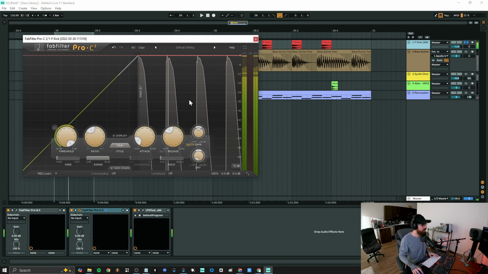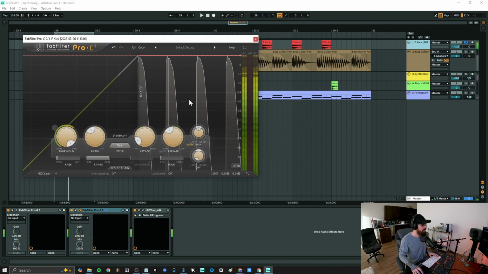We can see it starts to compress with this red line at that -14 mark. If we pull it down, we get more compression. And you can see that our kick drum over here is now kind of squashed. So our threshold is at what point does the compressor start working?